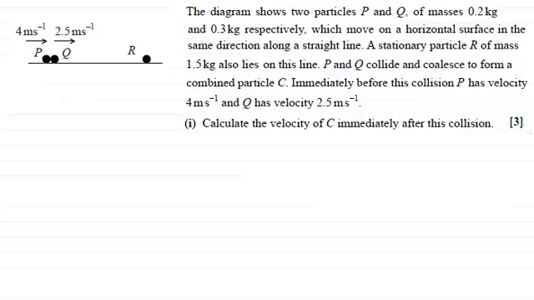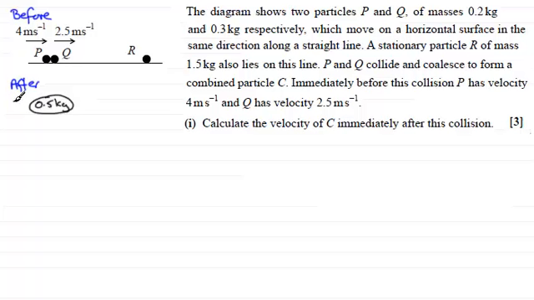Okay, welcome back if you had a go. Well, the first thing I'd want to do is label this diagram as before impact, and then we're going to look at what happens after impact. These two particles P and Q join together to make another particle, which has a combined mass of P and Q. That would be 0.2 kilograms and 0.3 kilograms, so it's going to be 0.5 kilograms.